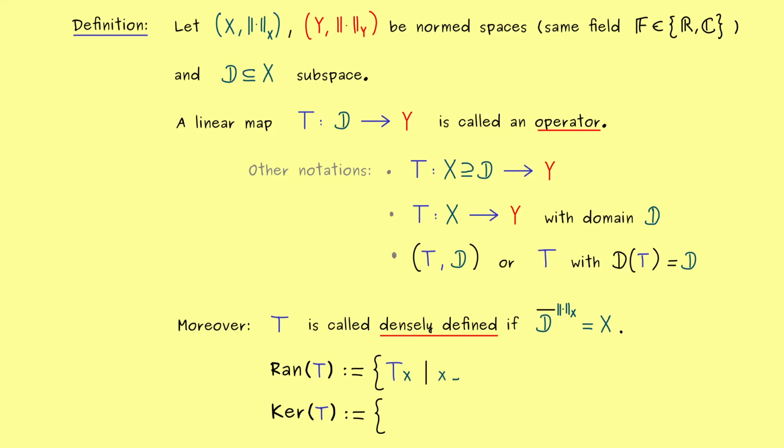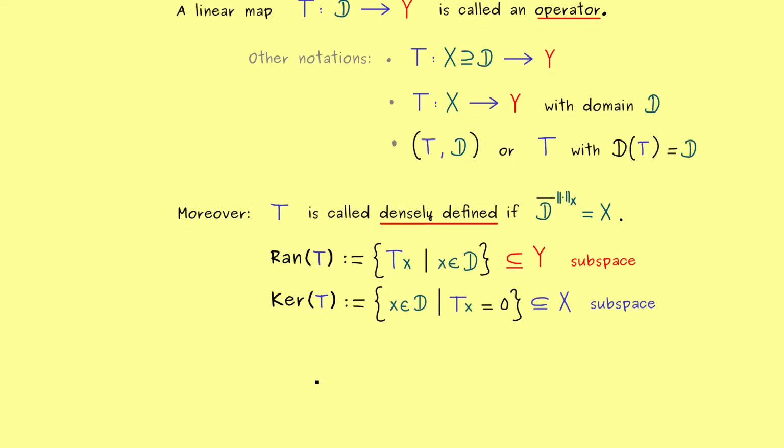This means we have to go through all lowercase x in D. And what we get is a subspace in Y. So please remember that, it's still a linear subspace. Okay, and now for the kernel, we have to take all the points x that are sent to 0. Therefore, what we get here is a linear subspace in X. Okay, and with that we have it. We have the range of the operator T and the kernel of T.